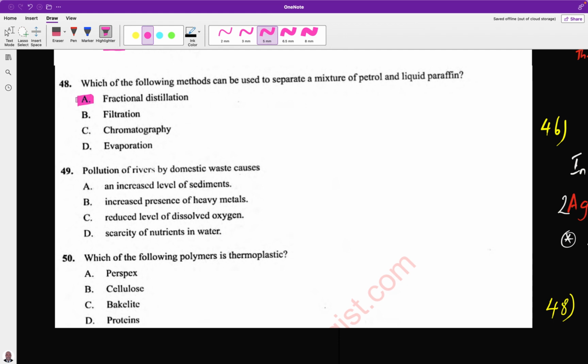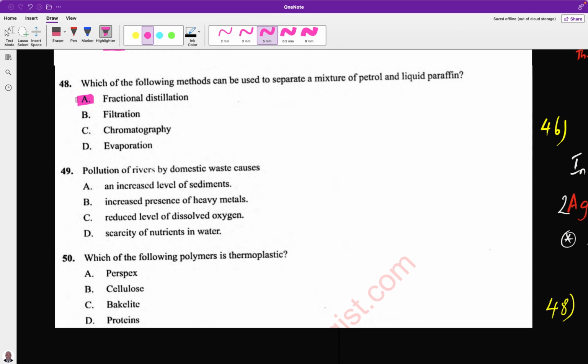49. Pollution of rivers by domestic waste causes an increased level of sediments. I say pollution of rivers by domestic waste causes a lot.